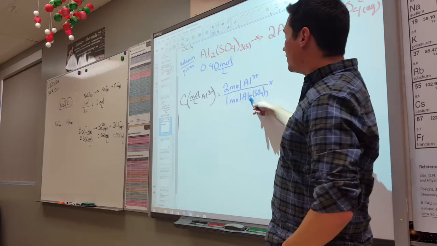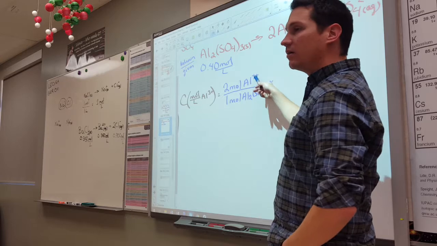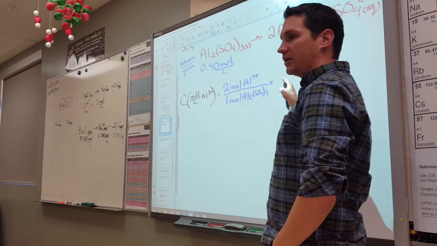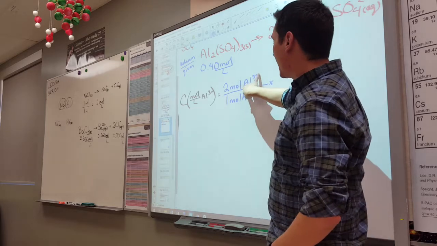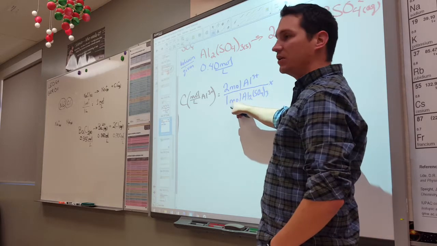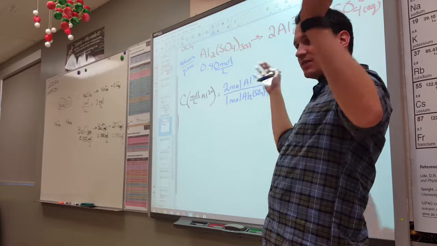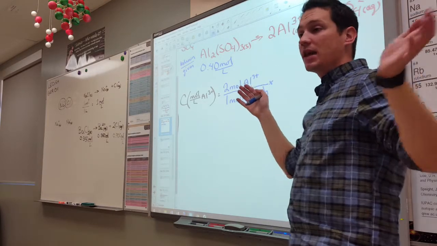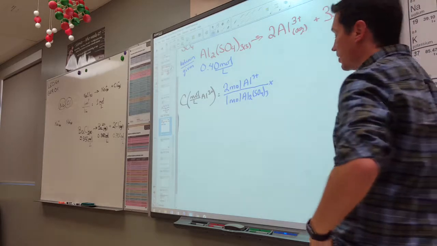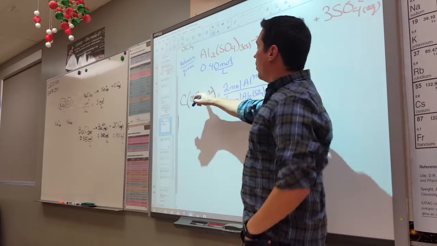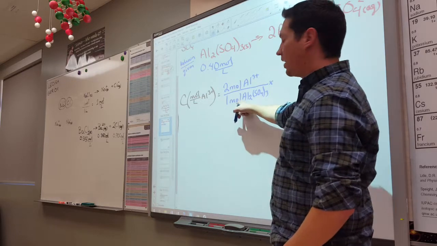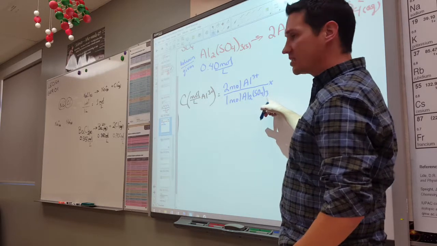Now I totally understand that adding these things makes a lot more work down here. Do you agree? Every time I add a substance attached to a unit, it makes things bigger and bigger. Would you agree with that? But it's very necessary and it will organize our information really well. So I want moles per liter of aluminum. I want moles of aluminum on top, and I want to cancel out moles of aluminum sulfate.